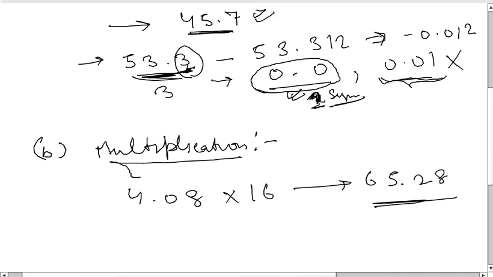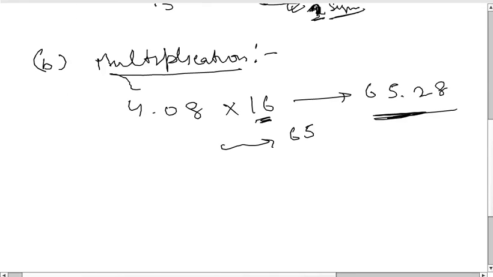Now, what will be the final answer that I will quote? Perfect. So I will quote only 65, because this number has two significant digits, so I must not exceed this value. Is it clear?